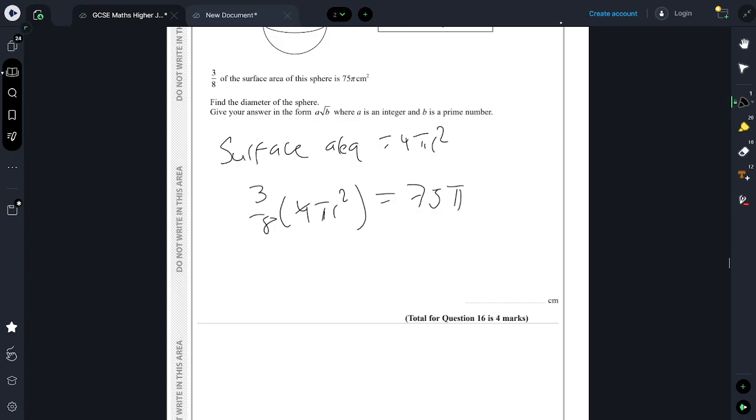Well, notice the 4 and the 8 cancel, because 4 goes into 8 twice. So you're left with 3. Well, you could just do 3 times 4, which is 12 over 8 pi r squared. Well, 12 over 8 simplifies down to 4/3.